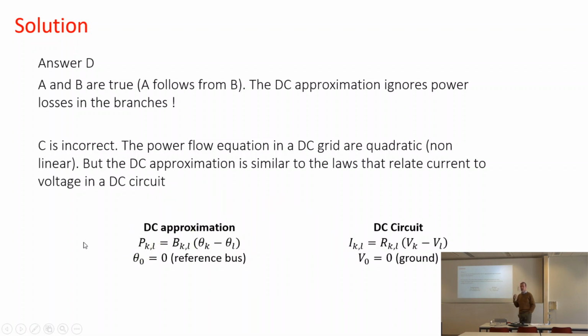So if we reason about an AC grid, as a first approximation, we have the same behavior as a DC grid if we think of the power flows as currents in a DC grid, right? Which might be a useful way to imagine what can happen in the grid. But certainly the DC grid equations, in terms of power flow, are equally bad as the AC grid equations, right? They're quadratic and hard to invert.